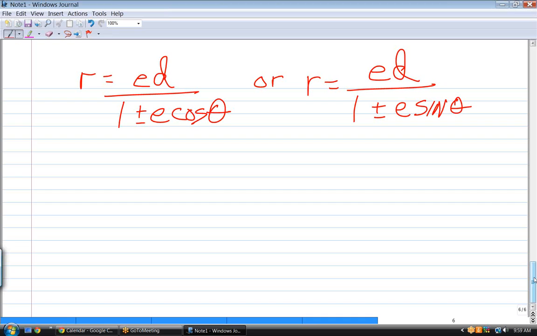Where E is greater than 0. E has to be greater than 0. Now, when they say R, that doesn't have anything to do with radius? No, it doesn't. R is their polar equation. I could also call this F of theta. Okay, I got you.